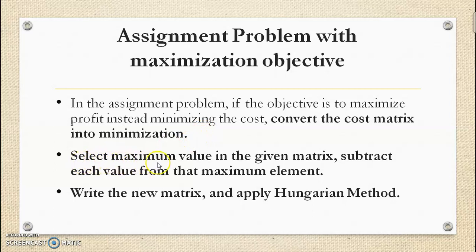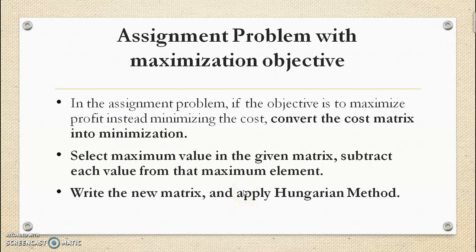Here we have to select the maximum element in the given matrix. Then we have to subtract each value from that maximum element. So we get a new table. So write the new matrix and apply the Hungarian assignment method. Once the problem is converted into minimization, it is solved as per the Hungarian assignment method.